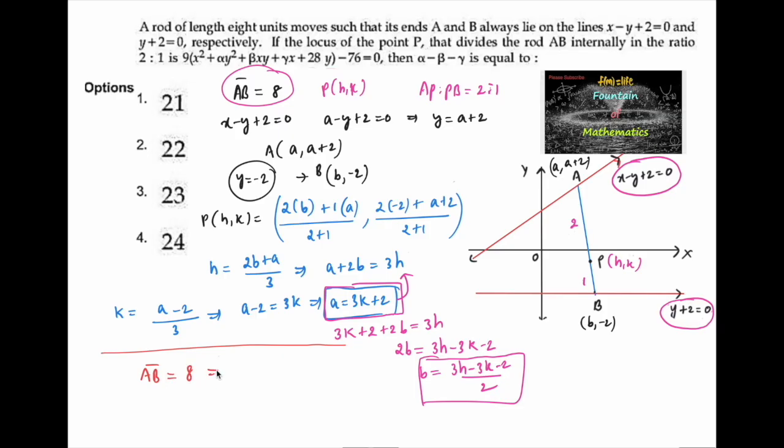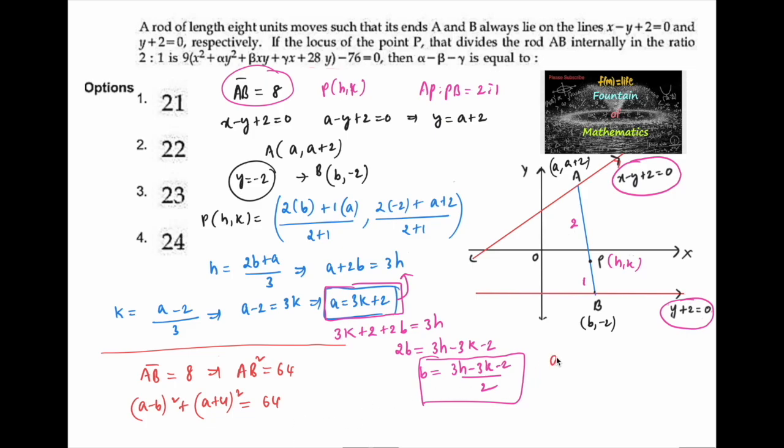So we can write AB square is equal to 64. So the distance between the 2 points, we can write A minus B whole square plus A plus 2 minus of minus 2, that is A plus 4, whole square, which is equal to 64.